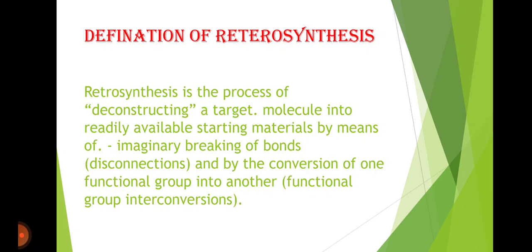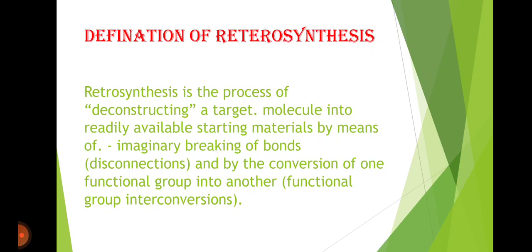The overall definition is that it is a process of deconstructing. We construct a compound, and after that we have to deconstruct it, so focus on that word. Then we can get our target molecule, meaning the compound from which it is formed.